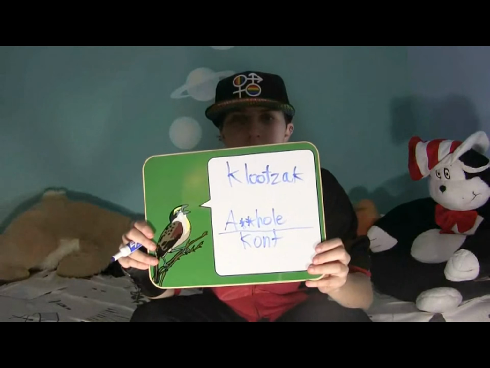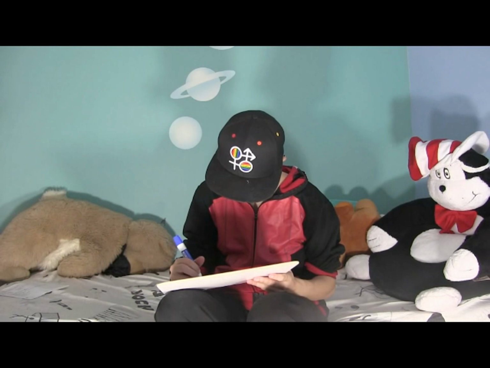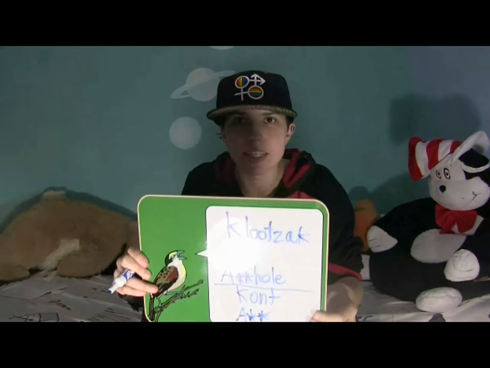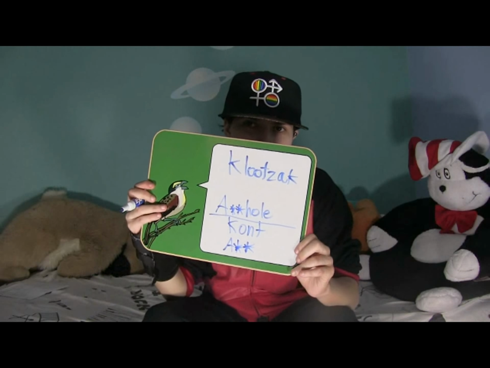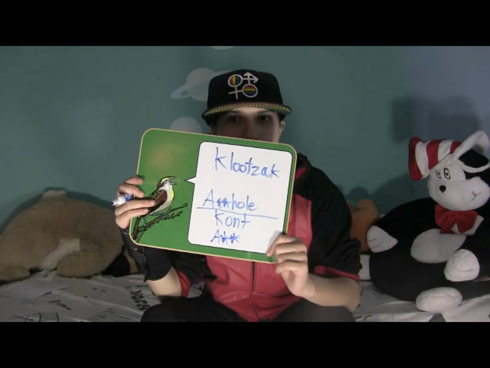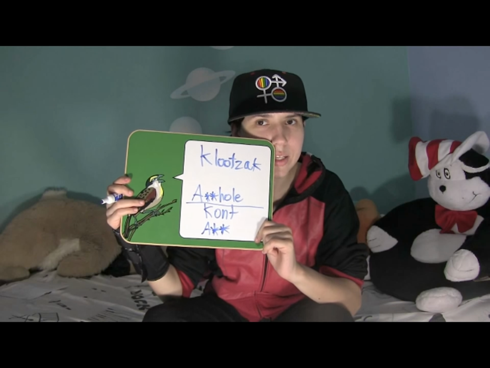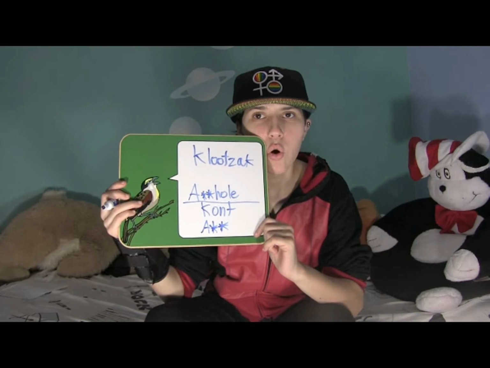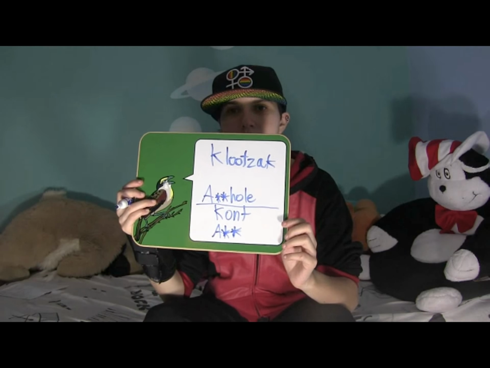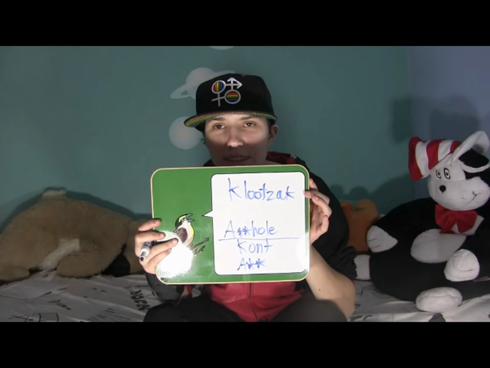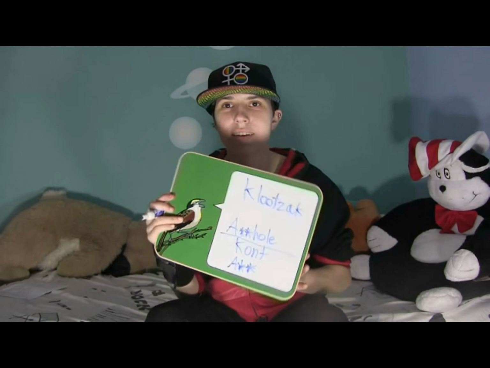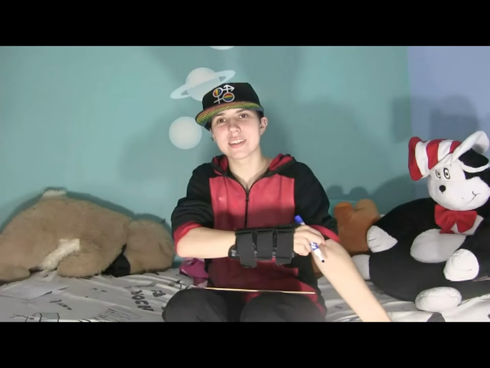Or you could just say kut, which means the not nice word for donkey. But not meant in that way. So just think of a-hole without the hole. And that's the difference between klootzak and kut. Let's continue on to the next word.